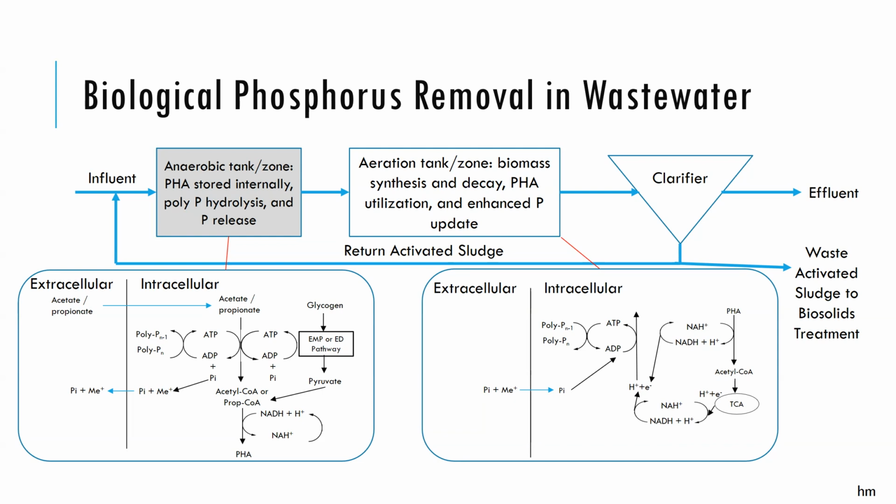In other words, they'll take up more than what they released in the anaerobic tank, the net result being an effluent phosphorus concentration which is much lower than what's in the influent. We call that the enhanced biological phosphorus removal process. And we make use of this release and uptake mechanism of phosphorus, which is stimulated by the ATP conversion. Next slide.